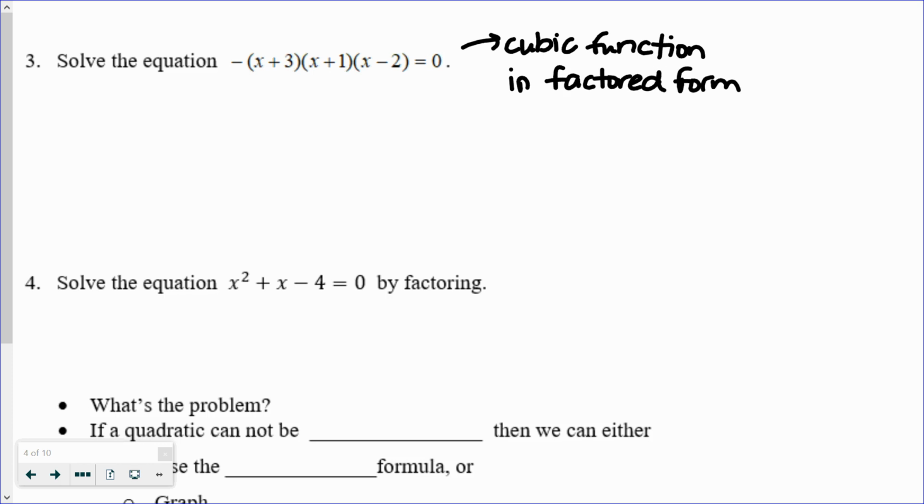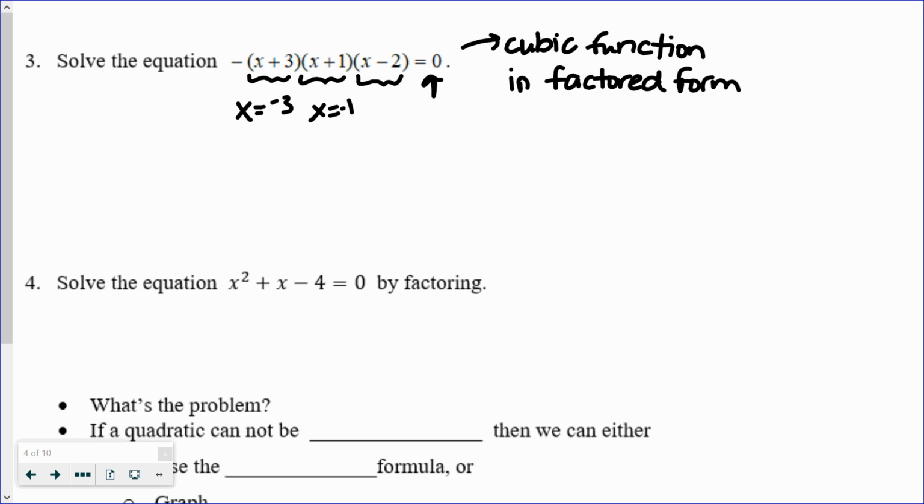So again, all we need to do is look at each of these factors and figure out what makes any of them or all of them equal to 0, because then it will make the entire left-hand side equal to 0, which is the same as equal to the right-hand side. So in order to make x plus 3 equal to 0, x would need to be equal to -3. In order to make x plus 1 equal to 0, x would need to be equal to -1.